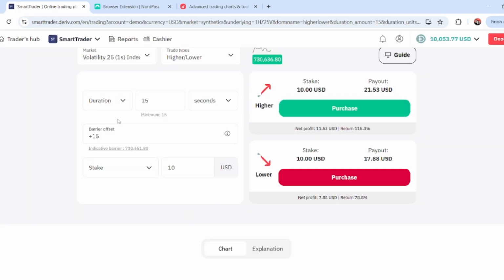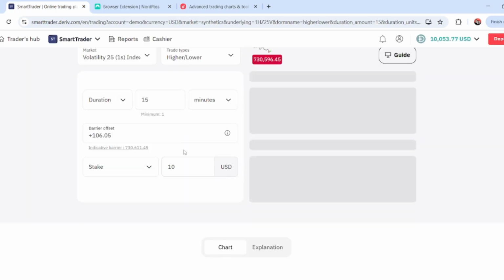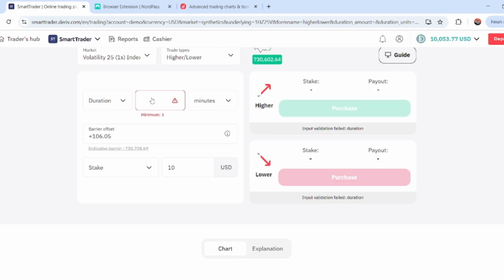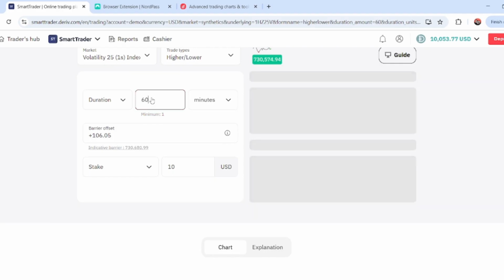So let's say you are trading here, you want to make sure that you are trading on a minutes time frame. This is a better way to trade Deriv this time around. Get a 15 minutes duration for your contract, or sometimes you can go above, let's say 60 minutes.